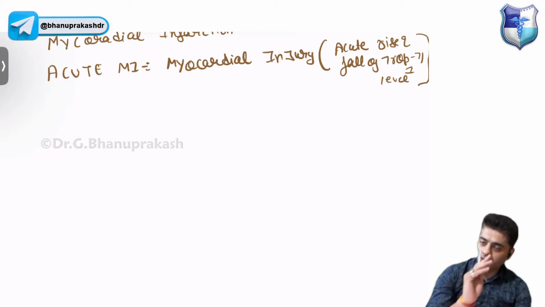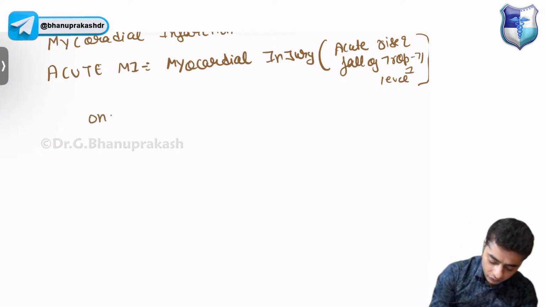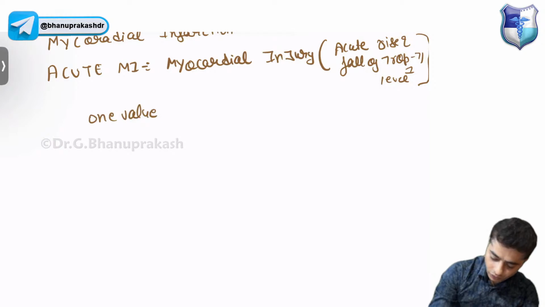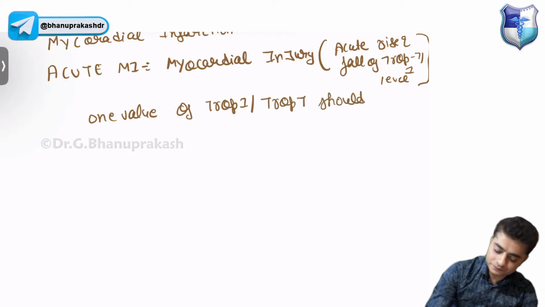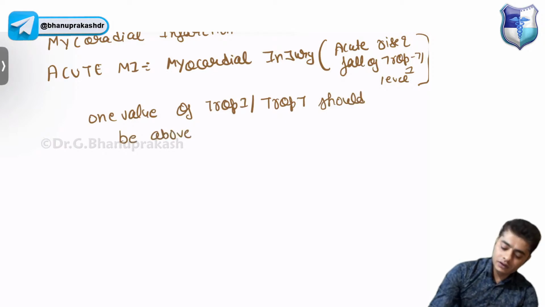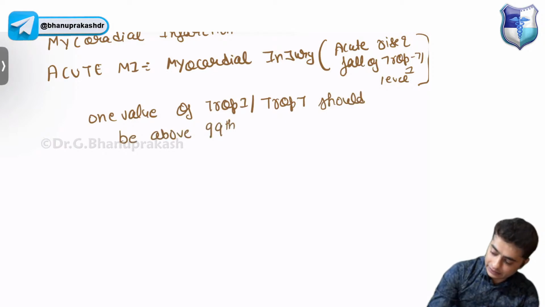And one value of your Trop I and Trop T should be above the 99th percentile.